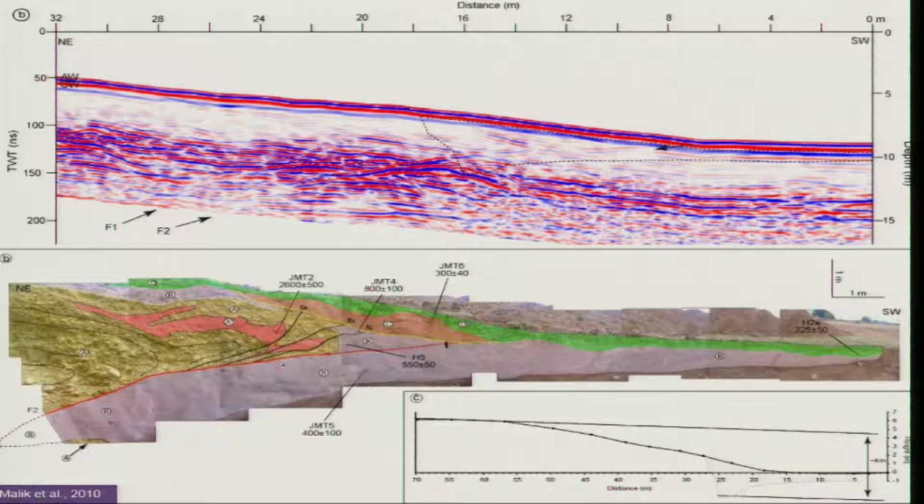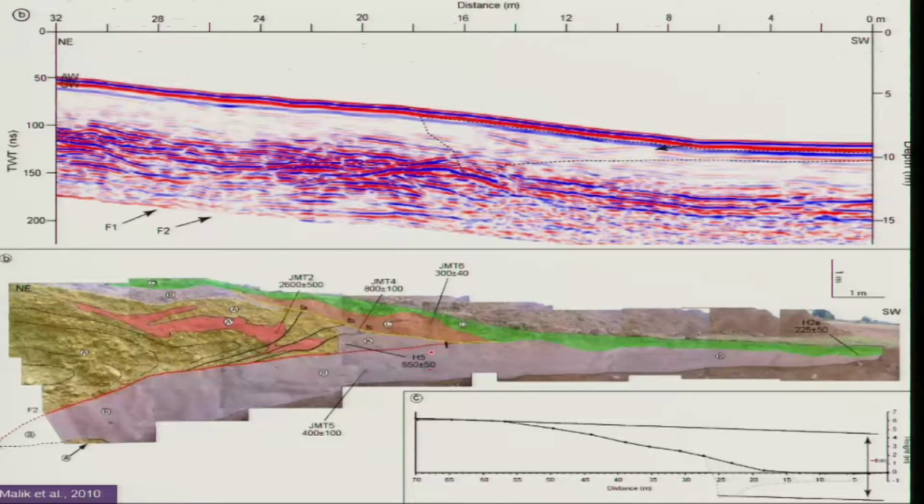This is the fault plane here. This fault plane did not rupture this soil, but ruptured this soil. So we say the event occurred between this and this. That is how we try to identify ancient earthquake signatures.